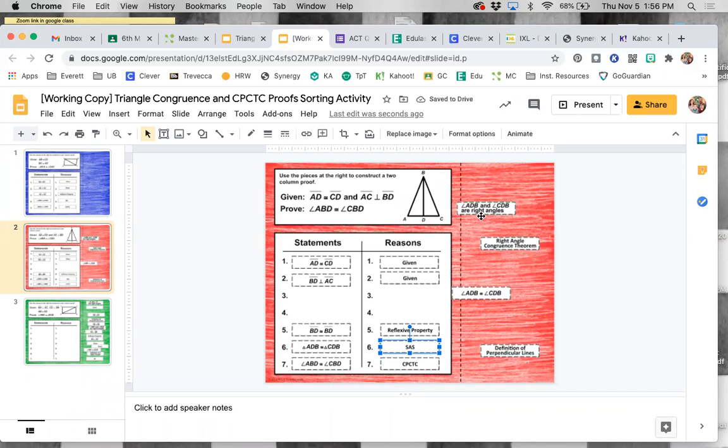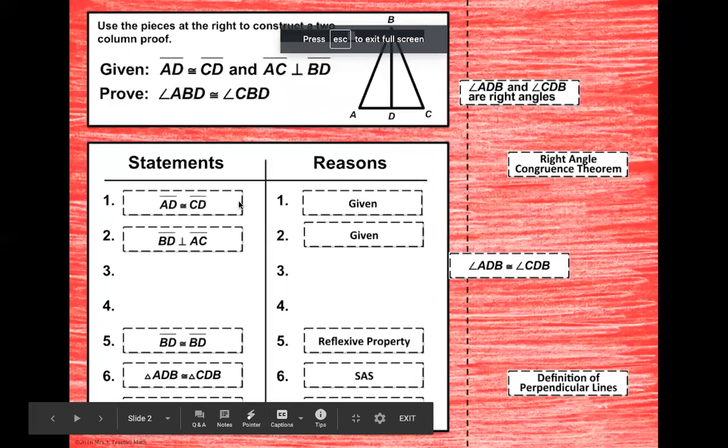So then we've got angle ADB and CDB are right angles. Right angle congruence theorem. Angle ADB is congruent to angle CDB, and definition of perpendicular lines. Let's keep in mind that we can only work with what has already come before.